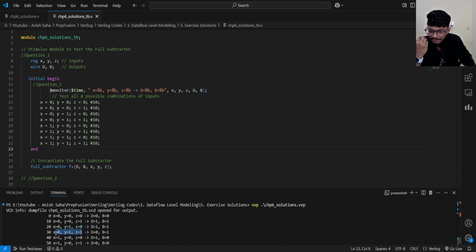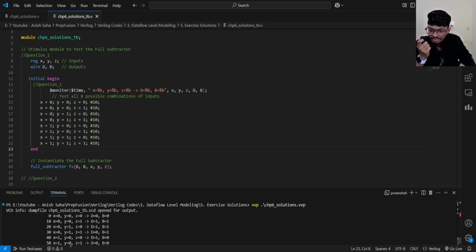Same for the next one. Now I'm subtracting x minus y minus z, so in total I'm subtracting 2. Even though I have already taken a borrow, x becomes 2, and 2 minus 2 is 0. That's why the difference is 0 and borrow is again high. Now this is simpler: 1 minus 0 minus 0. The difference will be 1 only, and I don't have to take any borrow because x is large now.